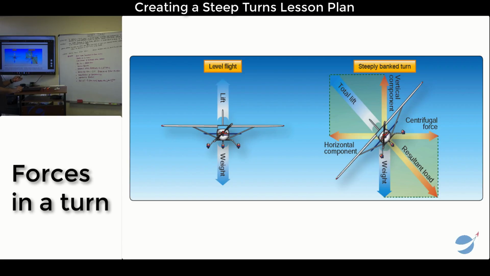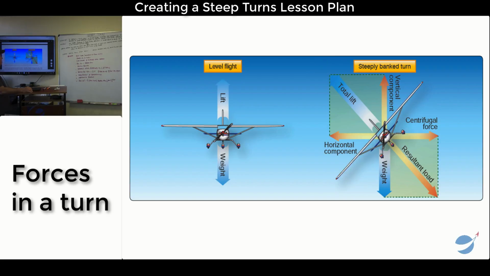But when we want to make a turn, of course you know that we turn by banking. We can skid by pushing on the rudder, but it takes a long time to make a turn. It's very inefficient because we're modifying the flight path slowly over time because we have weight involved. So it's better to make a turn with bank. And so what's going to happen is we're going to be here at 45 degrees, and this lift, which was this way, opposing weight, is going to be over here now.